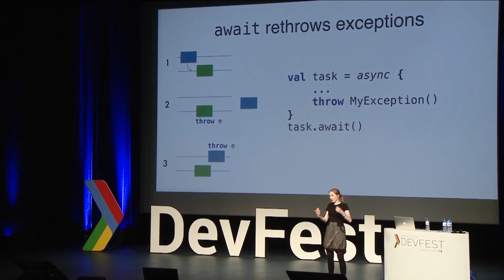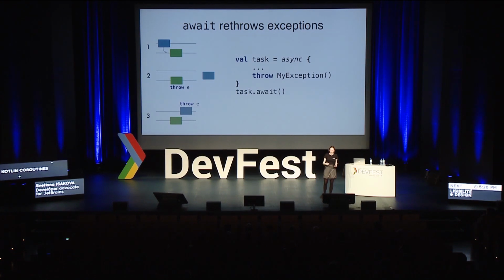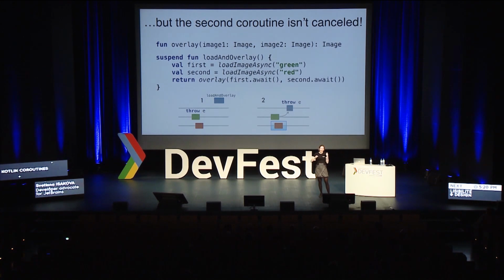If you don't catch this exception, then it will simply be rethrown further up, like await just rethrows this exception. The problem is that if, for instance, an exception is thrown when your first image is loaded, then no one tells the second image to stop loading.